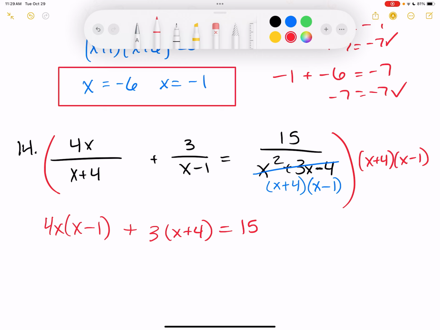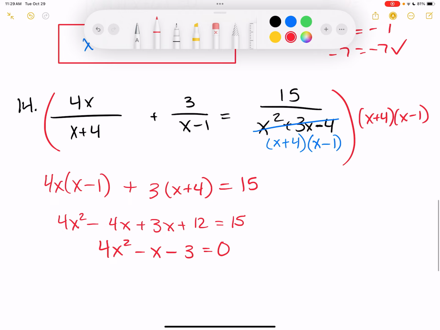Multiply, I got 4x squared minus 4x plus 3x plus 12 equals 15. Combine like terms and move stuff over. I get 4x squared minus x minus 3 equals 0.